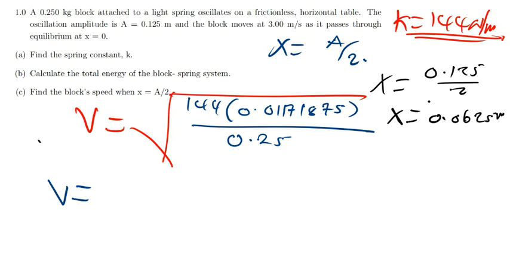So my v will be equal to, if you want you can put plus or minus, the square root of 144 times 0.01171875, and this answer divided by 0.25.